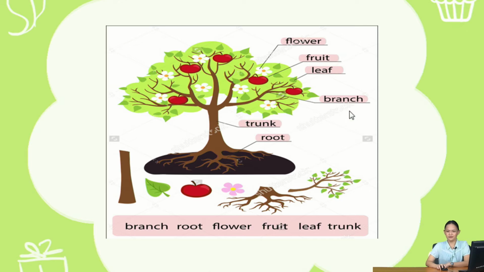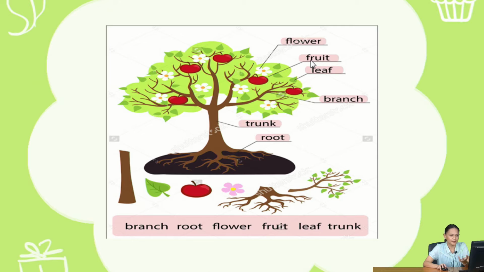So same as the previous slide, it also speaks about the parts of a tree. Here we have flower, the white one. Flower, the part of a tree. Next is the fruit, the red one.